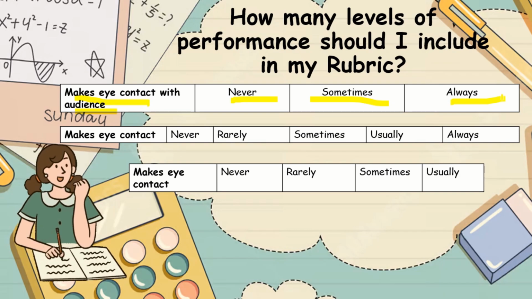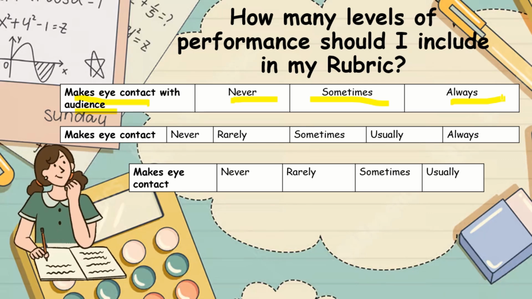On the other hand, after applying the rubric, you might discover that you cannot effectively discriminate among student performances with just three levels of performance. In your view, many students fall in between the never and the sometimes, or between the sometimes and always, or neither label accurately captures their performance.